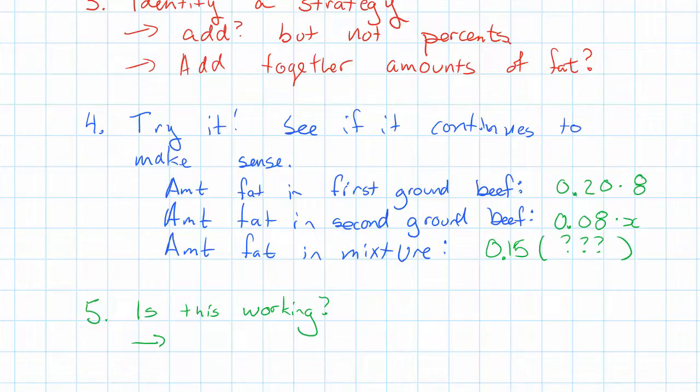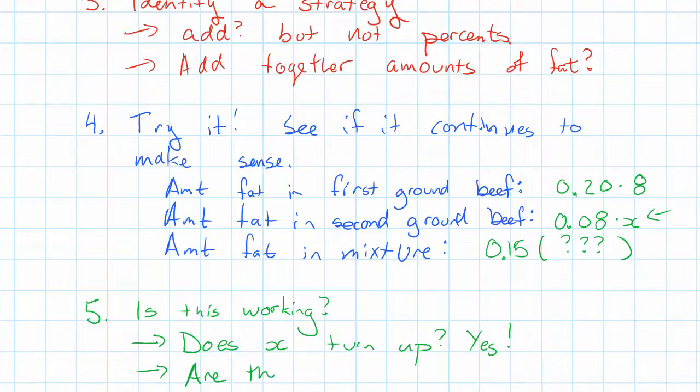Well, okay. First of all, if our unknown doesn't turn up anywhere, we're not really doing something useful. In our case, our X turns up right there, so we're okay. The other thing to look for is, are there any other unknowns in this problem?